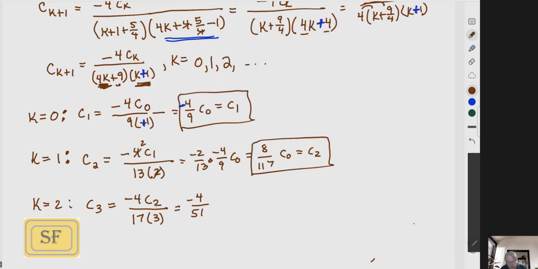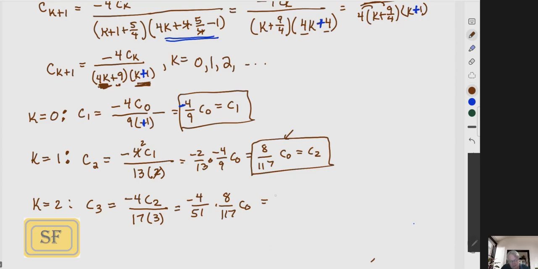And C2 is 8 over 117 C0. 117 was 13 times 9, so nothing is going to reduce.